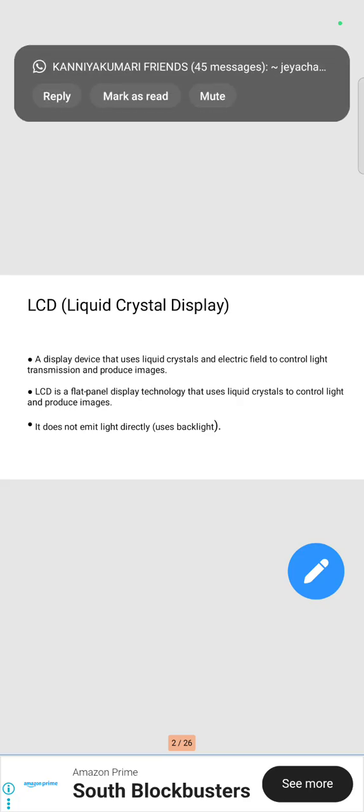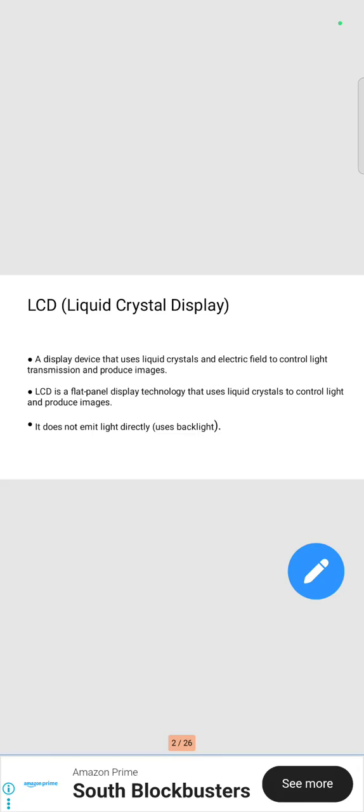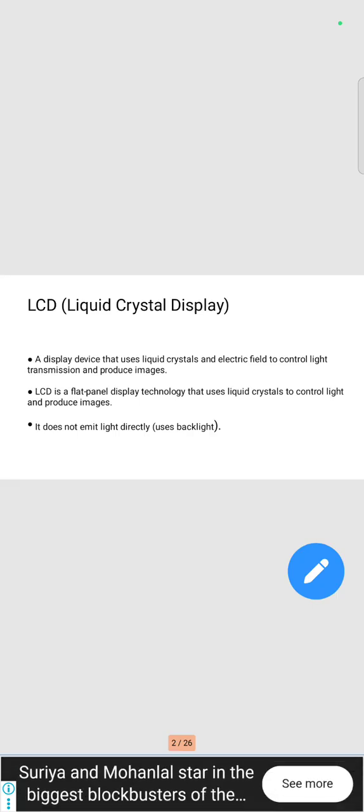It's a flat panel display technology that uses liquid crystal to control light and produce images. It does not emit light directly. It uses the backlight. Then only the image is formed by controlling light through the crystals.